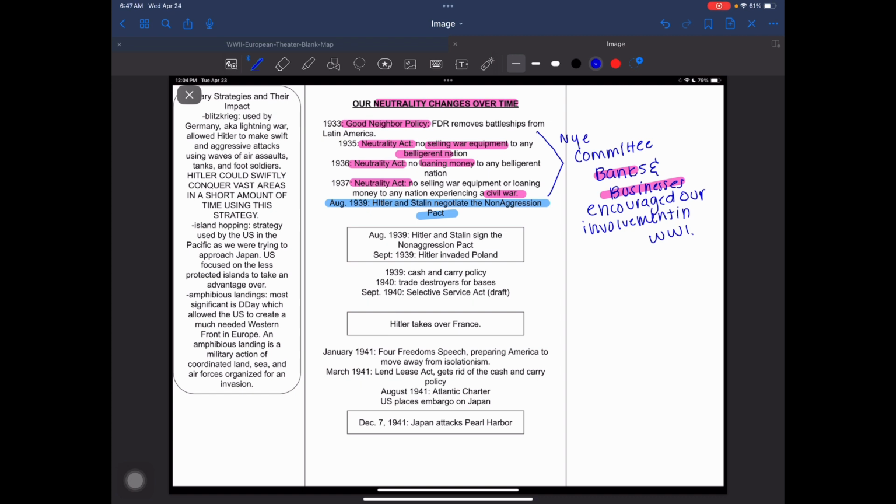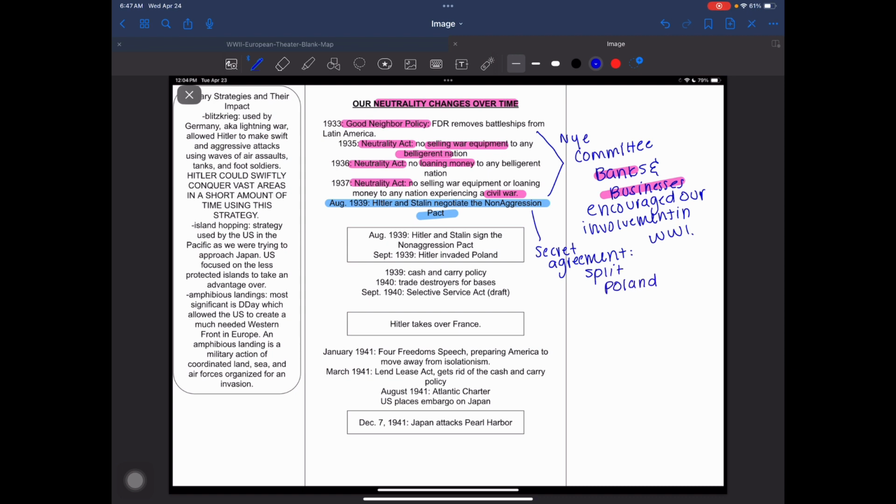So, important, actually, there was a secret agreement in the Non-Aggression Pact, and this secret agreement is that Hitler's about to invade Poland from the west, Stalin can invade from the east, and we'll just split Poland between us.